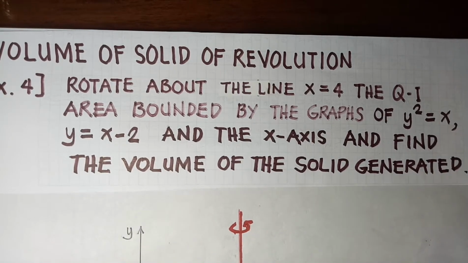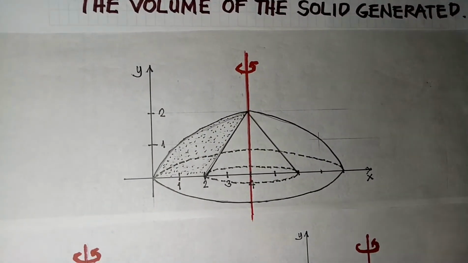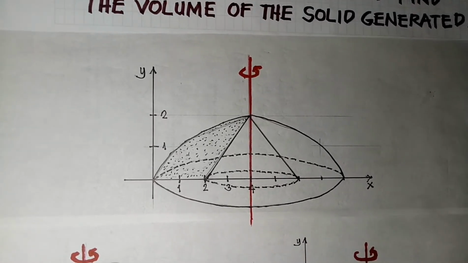Last time, we solved this problem using the washer method, and we got an answer of 72 pi over 5 cubic units. So the volume of the solid generated by the plane area is 72 pi over 5 cubic units.